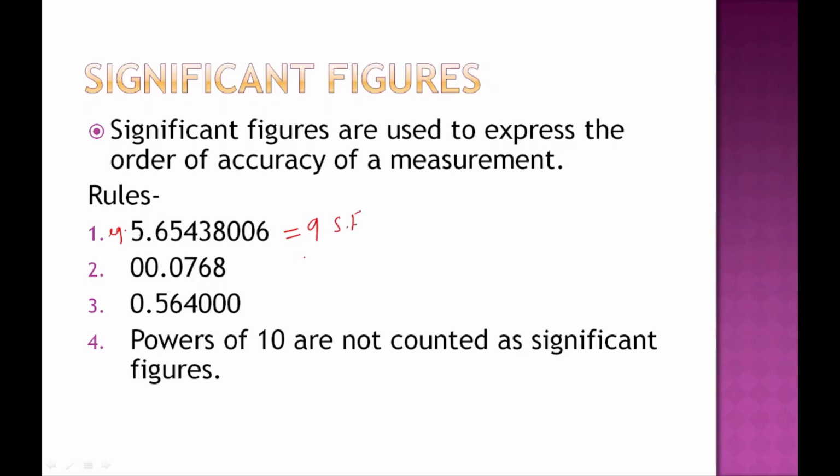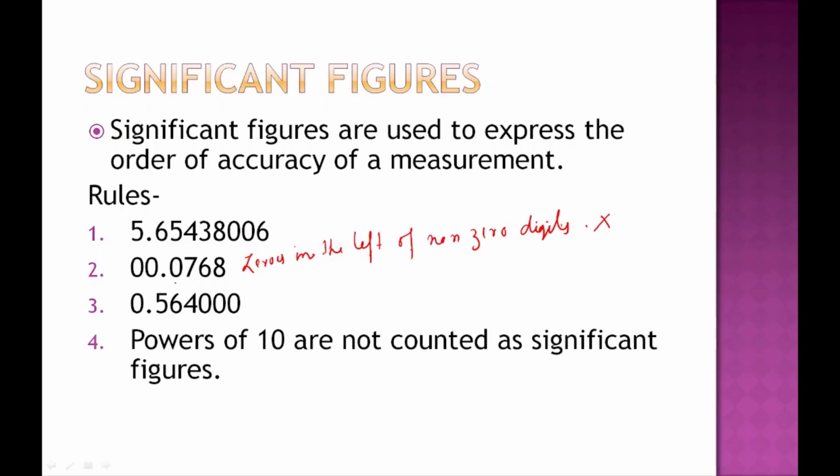So that's the first rule. I am repeating the first rule, which says that all non-zero digits as well as zeros between two non-zero digits shall always be significant figures. Now what does rule number 2 say? It says that zeros to the left of non-zero digits are not significant.